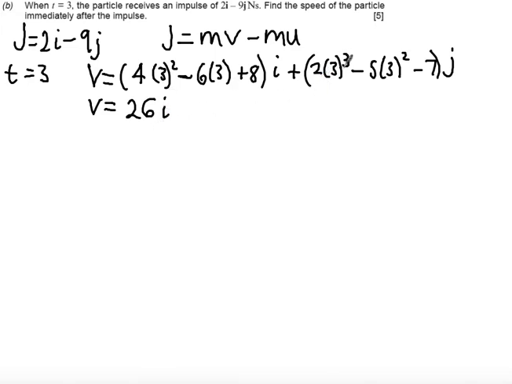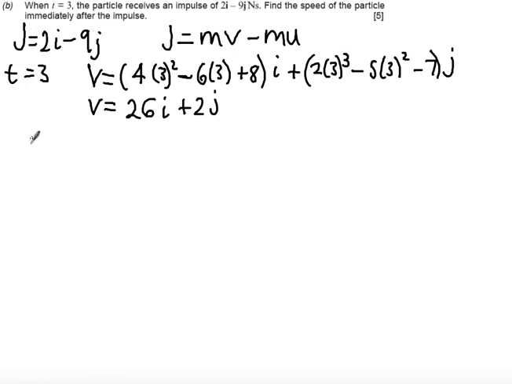We then have 2 lots of 27, which is 54, minus 5 lots of 9, which is 45, so I've got 9 from those first two terms, minus the 7 leaves me 2j. So at time equals 3, velocity is 26i plus 2j.